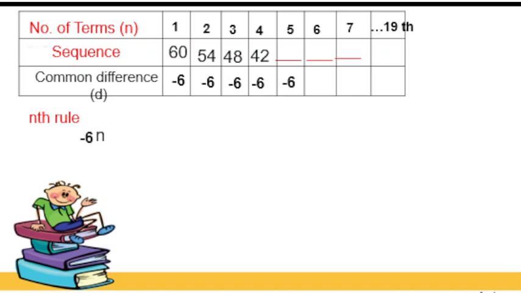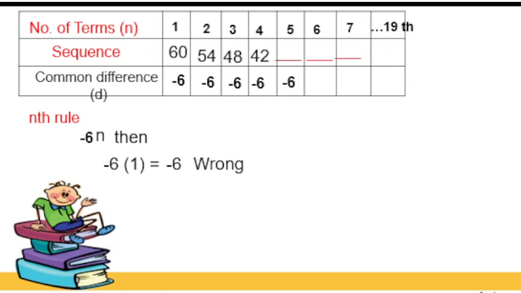To check, negative 6 times 1 is equal to negative 6. So, the negative 6n is not yet correct. So, we have to add a number to be able to get the 60. So, let's try to add 6 and 60.